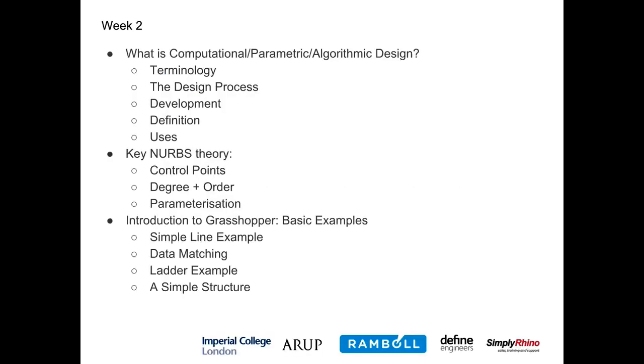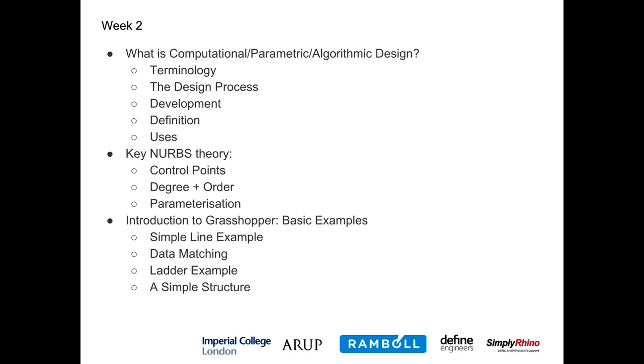So what we're going to cover today, we're going to go on to Grasshopper, but before we get on to actually talking about Grasshopper itself, I thought I'd give you a little bit of an introduction and a little bit of theory behind computational design, parametric design, whatever you want to call it, and really what it is that we mean when we talk about these things, and why we think that they're valuable for you to try and learn it.